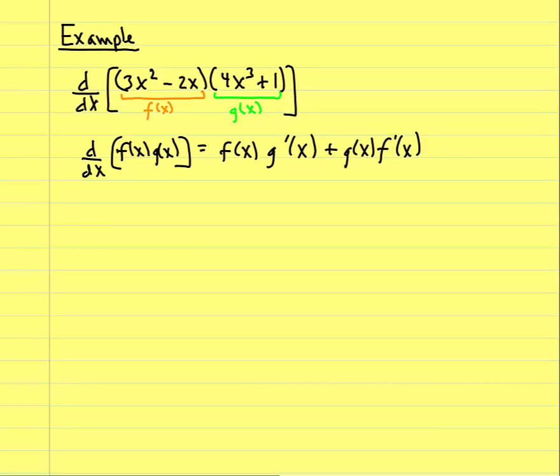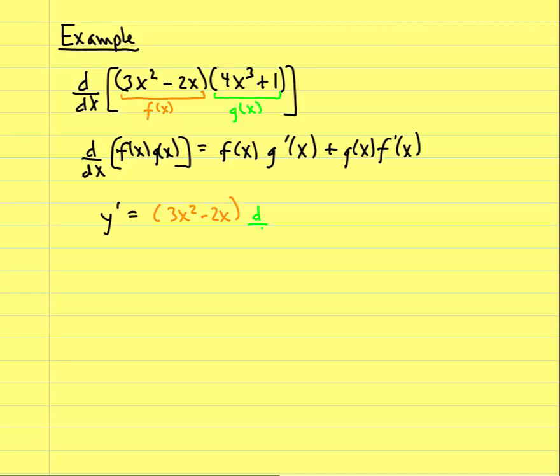I'm going to include some steps in here, some work, so we can see a little bit more of what's going on. So I'm going to say y prime equals. I don't want to say f prime of x equals because that's part of my problem here, so I don't want to get that confused. So I'm going to call this derivative y prime equals. Remember, our rule is the first function, so I just write that first function down, times the derivative of the second function.